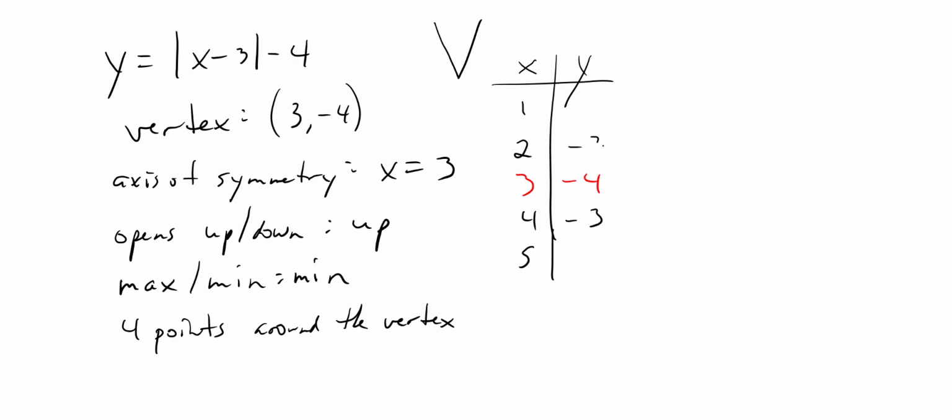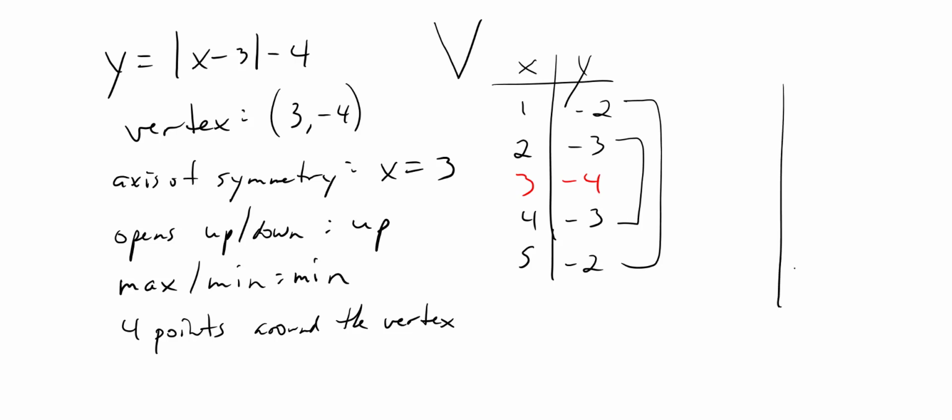Remember, it's just like vertex form, those are the same numbers. Okay, let's put a 5 in there. 5 minus 3 is 2. Absolute value of 2 is 2. 2 minus 4 is negative 2. So these are the same as well.